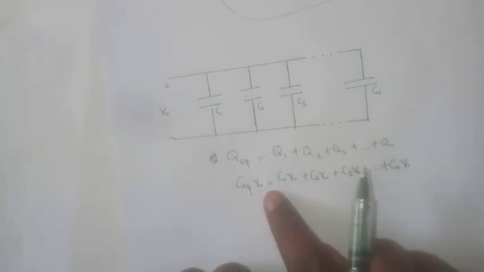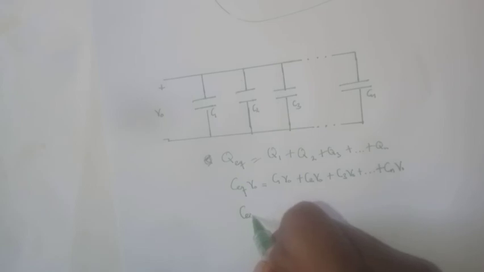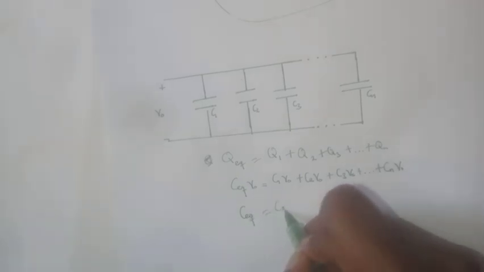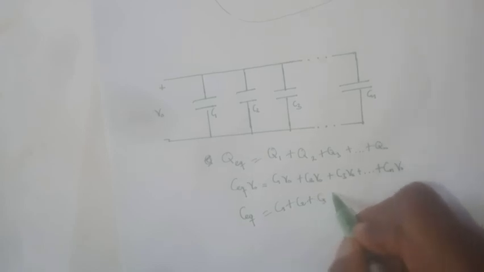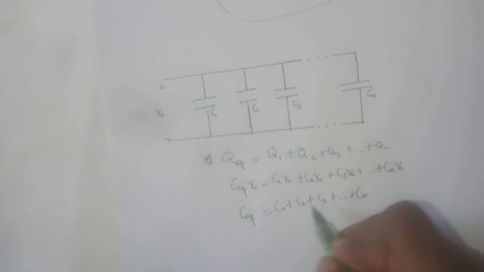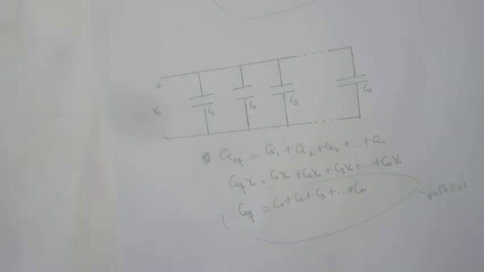So what we just have to do is divide through by V naught, and we would have that the equivalent capacitance is C1 plus C2 plus C3 plus Cn. So when you have your capacitors connected in parallel with one another, you sum up the capacitances to get the equivalent capacitance.